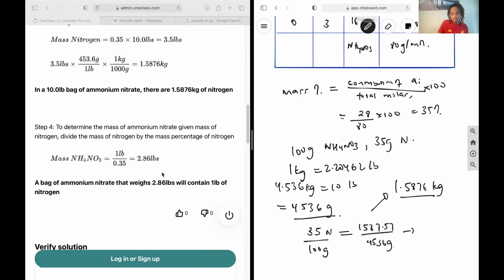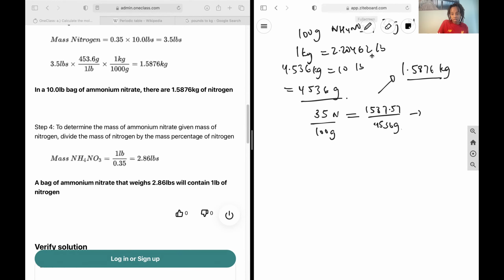And now we're going to in a way do the reverse. We know how much nitrogen we have. We're trying to find out how much ammonium nitrate we have. And so again, if we have 35 grams of nitrogen, we know that we should have 100 grams of ammonium nitrate, and we're told that we have instead 1 pound of nitrogen, and we're trying to figure out x.